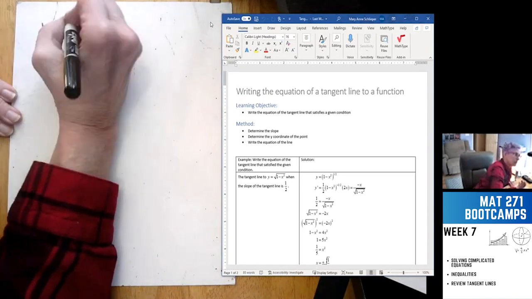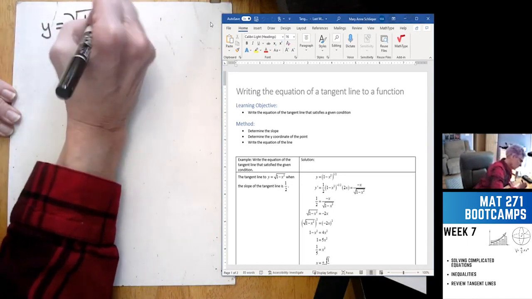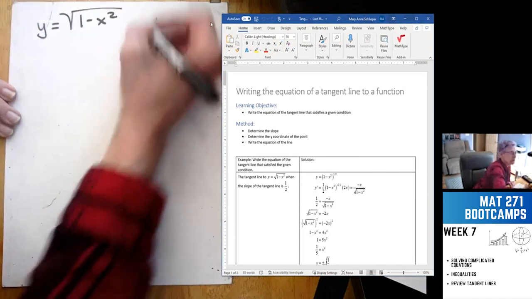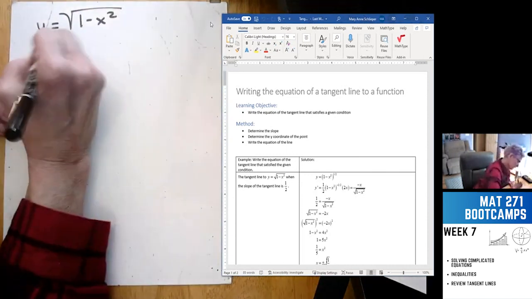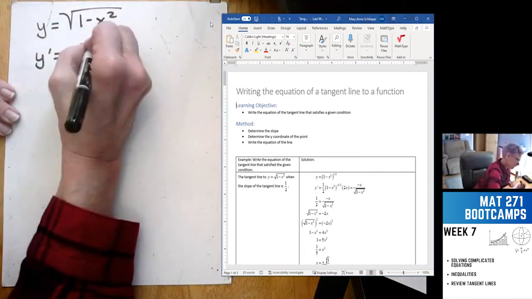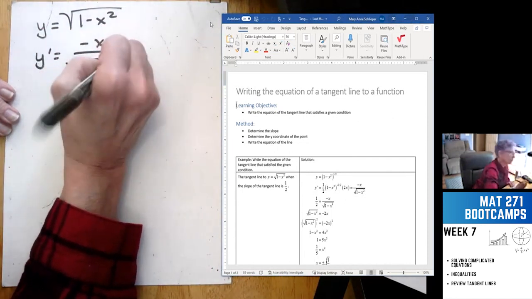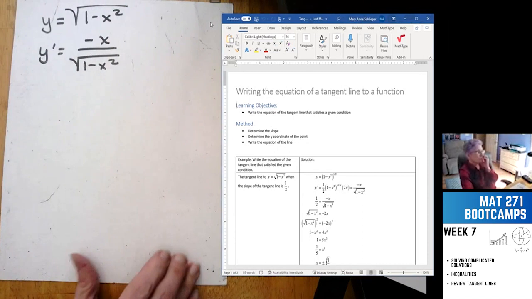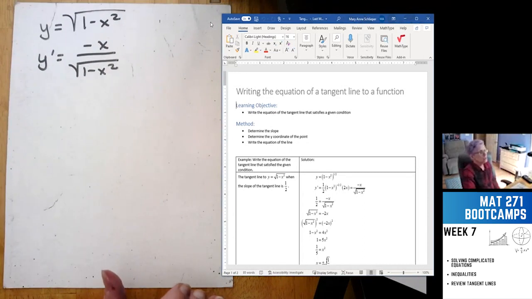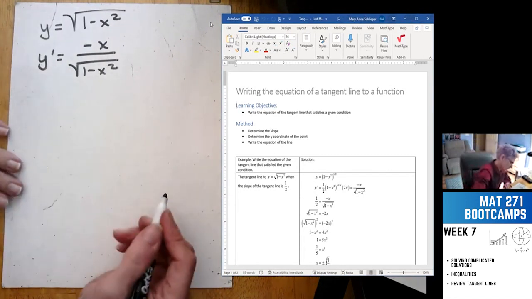This one we have y is equal to the square root of 1 minus x squared. We know what the derivative is because we've done it today, minus x over the square root of 1 minus x squared. We want the tangent line when the slope of the tangent line is 1/2. So that was a weird way to ask that question.